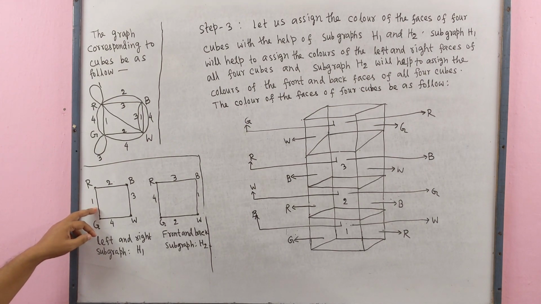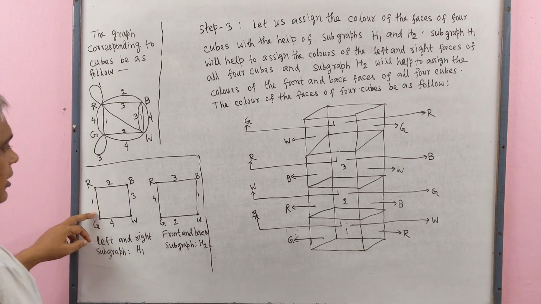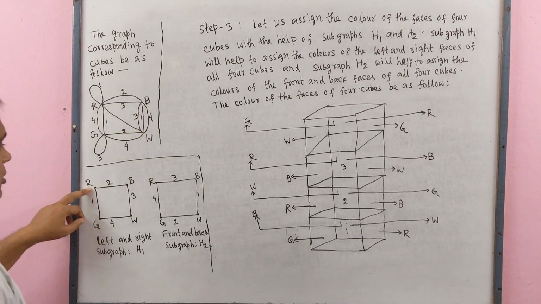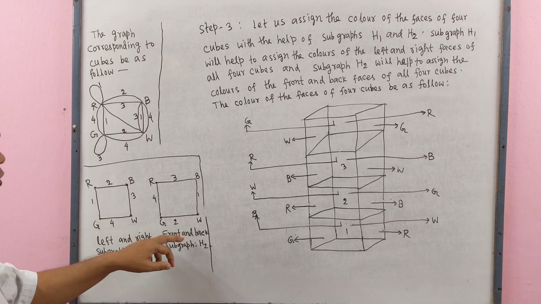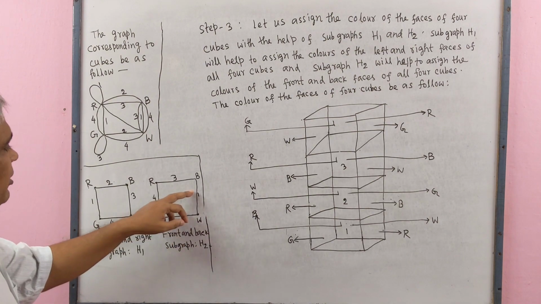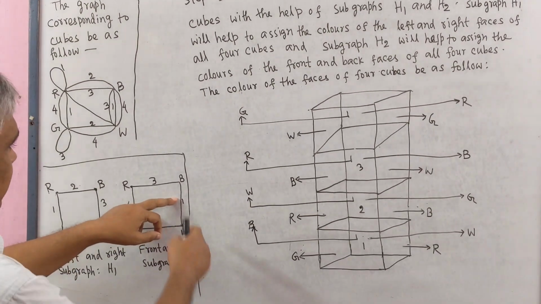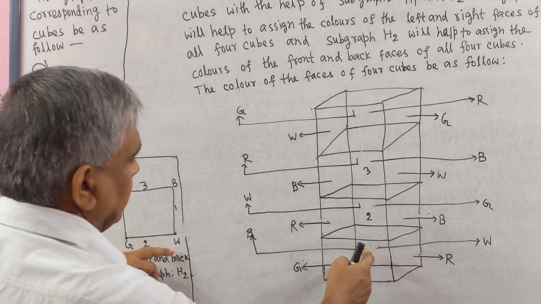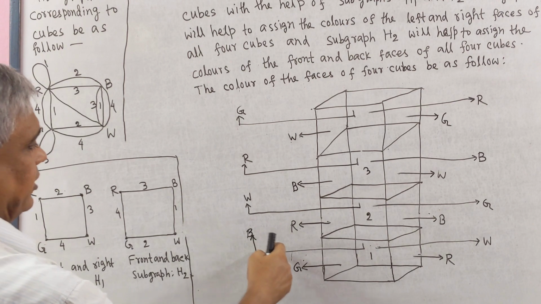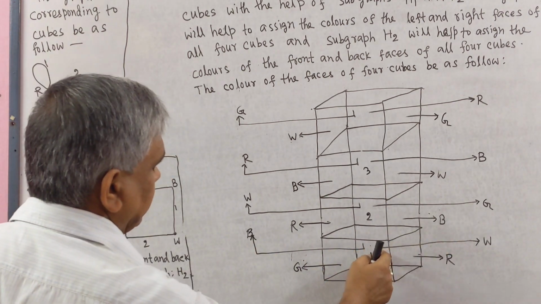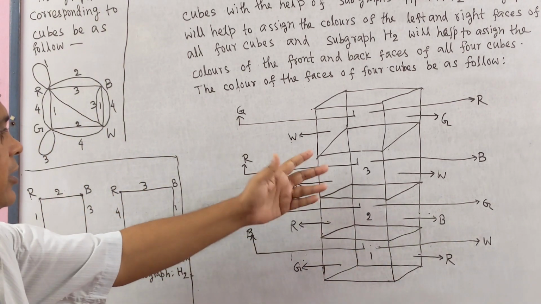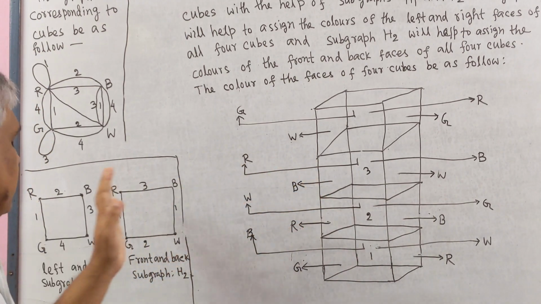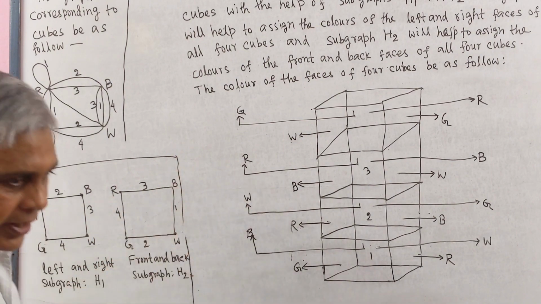So in left we have taken G and in right we have taken R. For front and back, number 1, we have taken B on the back side and W on the front side. This sign is for the back side and this is for the front side. And similarly, we have given colors to all faces, left and right, front and back.